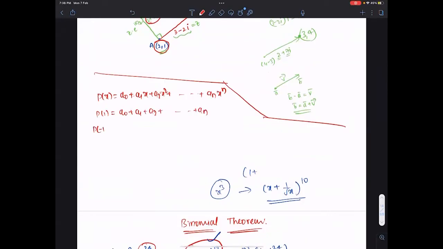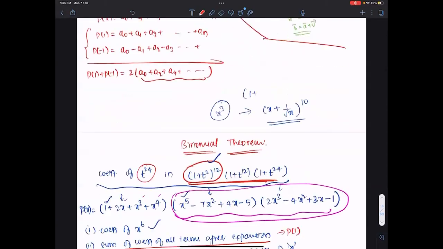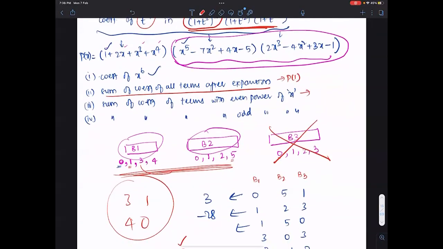What will be P of minus 1? a0, odd powers wherever are there, you will get minus, otherwise plus. Okay, if you add both of them, P of 1 plus P of minus 1, what will you get? A1, A3, all those will get cancelled, and the right side will be nothing but the sum of coefficients of even powers or not. So what is the sum of coefficients of even powers?